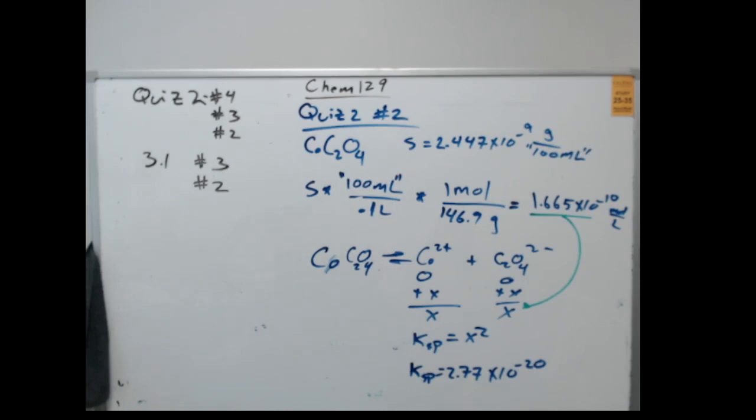It's a pretty small KSP, but just for giggles, because I'm entertained by these sorts of things, I'm going to look up the solubility product constant for cobalt oxalate and see what I've got. If I can find it.